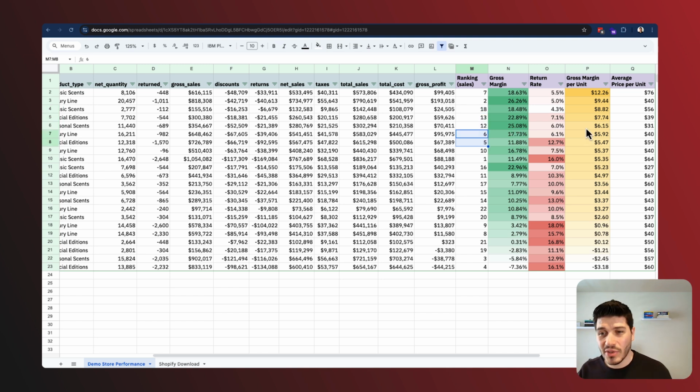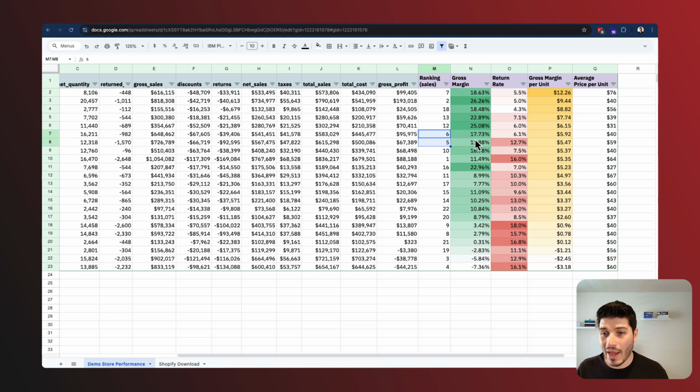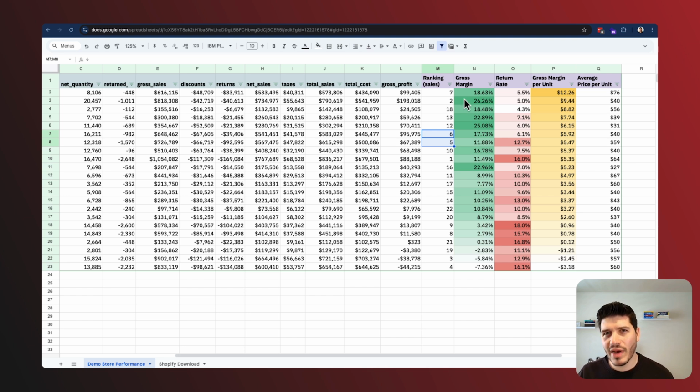But for example, number 6 and number 5 have very good margin, relatively low return rates. So these are products, Winter Pine Candle and Citrus Candle, that I would promote more explicitly because we would effectively make more money. This is clearly an overly simplified example. Things might look different in real case scenarios, but I think you get the point of how important it is to have visibility into this information so that our CRO initiatives are actually relevant for the business.